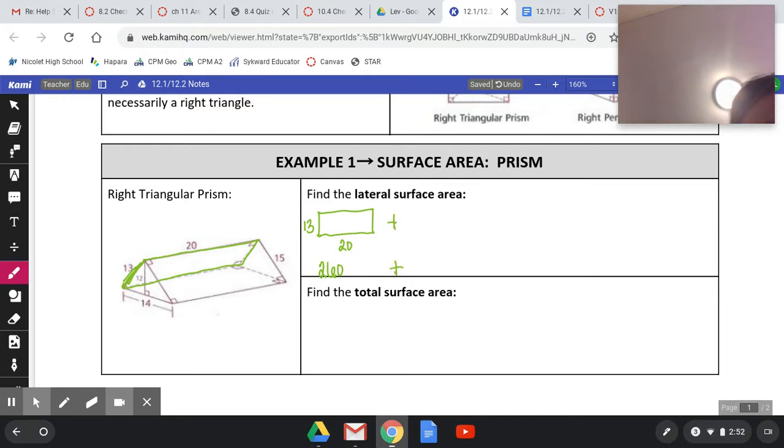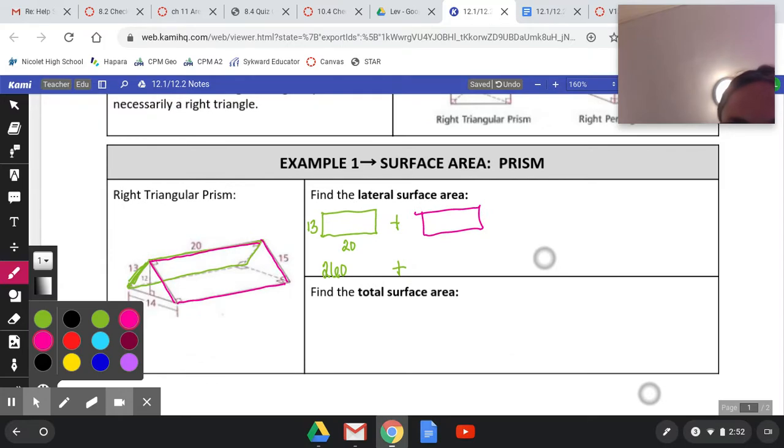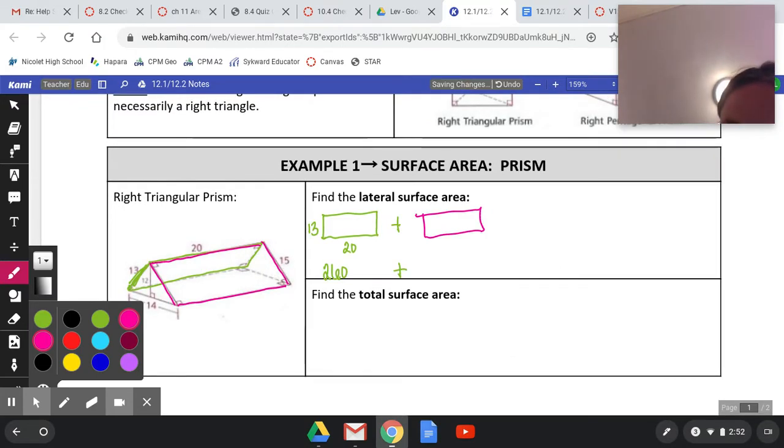So that's my first rectangle, but I've got two more. I'm going to add in another rectangle that I will outline in pink here. That rectangle is created by the dimensions of 15, which is given to me as this side length over here, by 20, which would give me 300 square units.